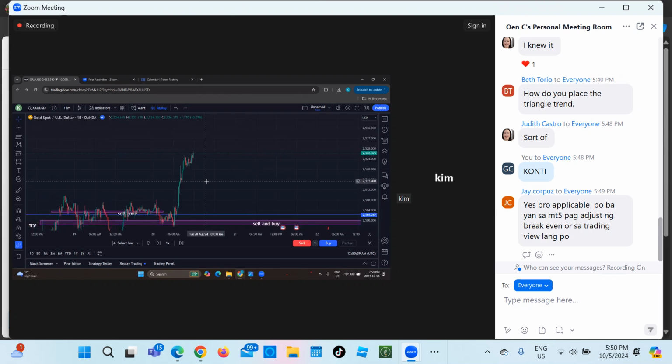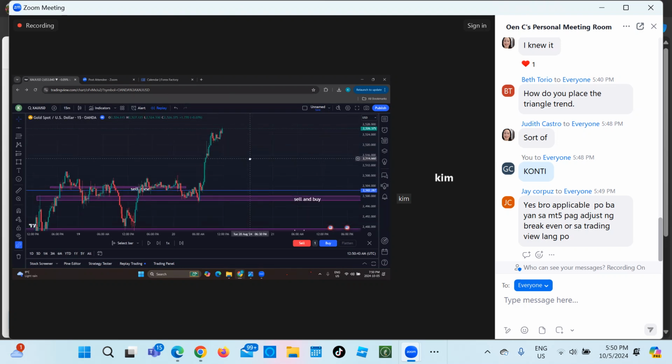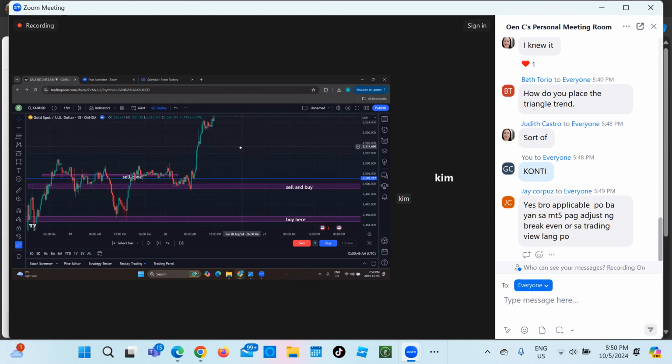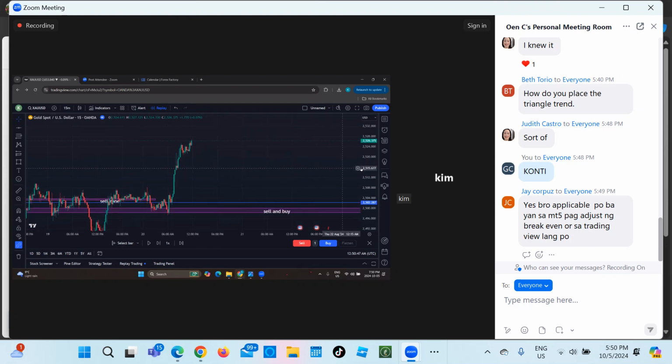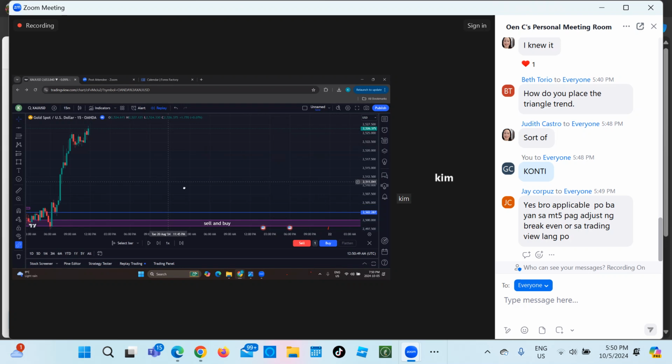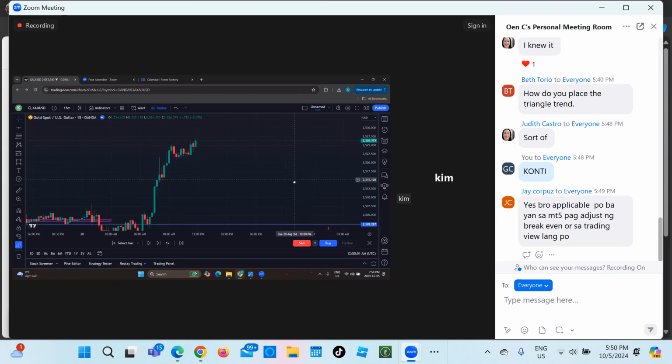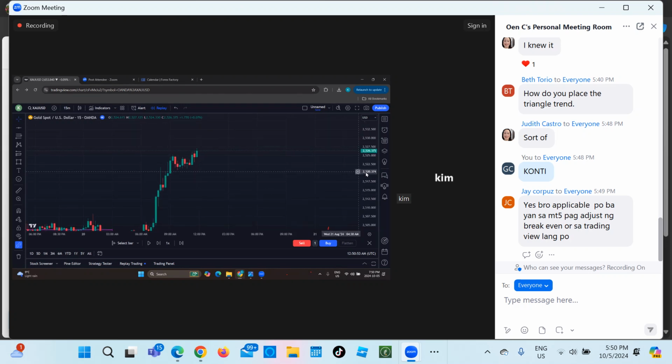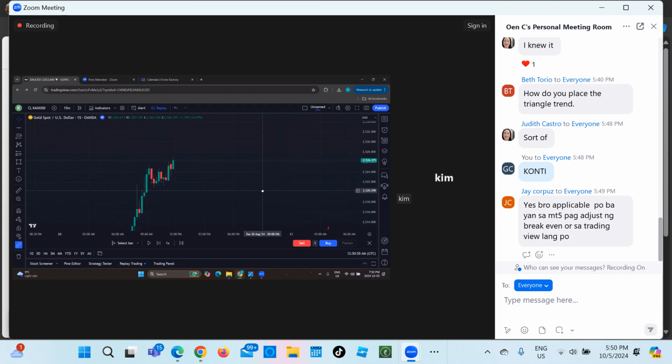Okay. So, gold created an ATH. This is what I call the all-time high. Okay? Now, what gold will do is grab liquidity. It's going to grab liquidity, just like this one.